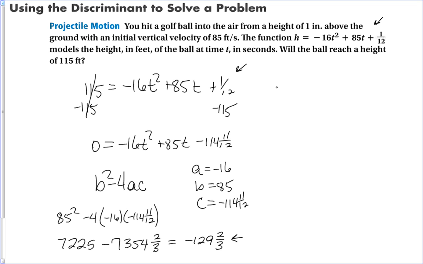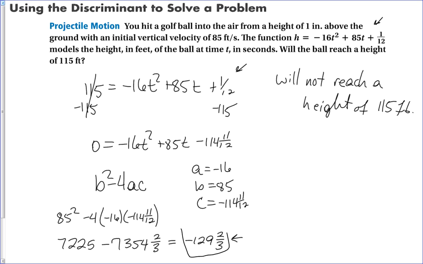Therefore, this golf ball will not reach a height of 115 feet. Because the discriminant is negative, this equation right here has no real solutions. So therefore, this golf ball will not hit a height of 115 feet.